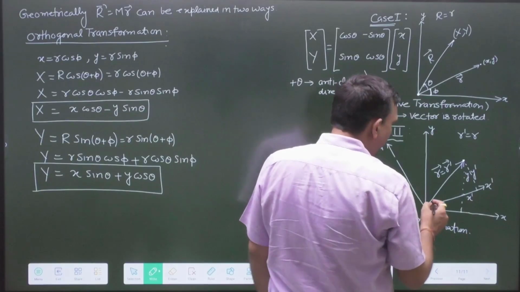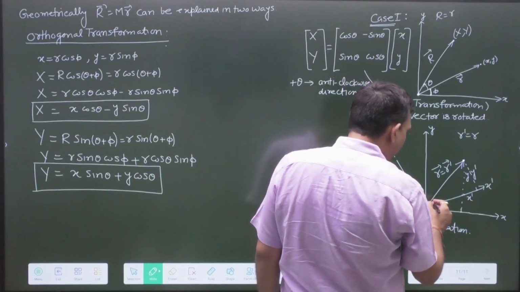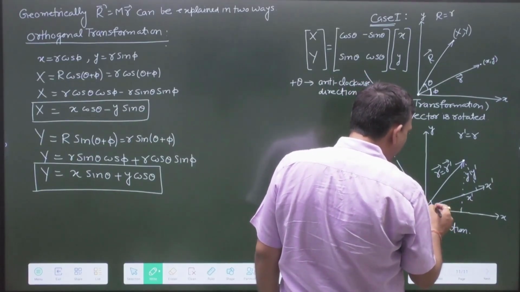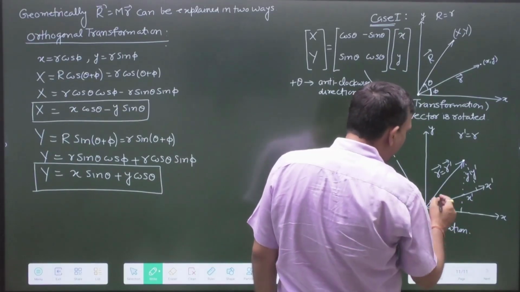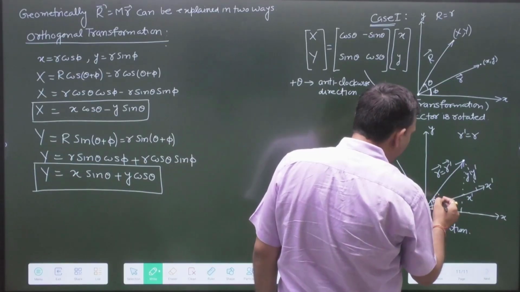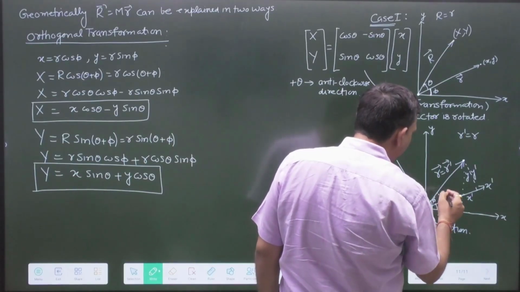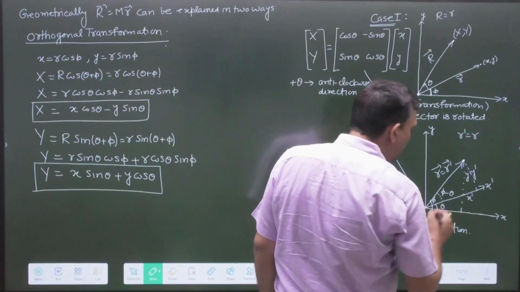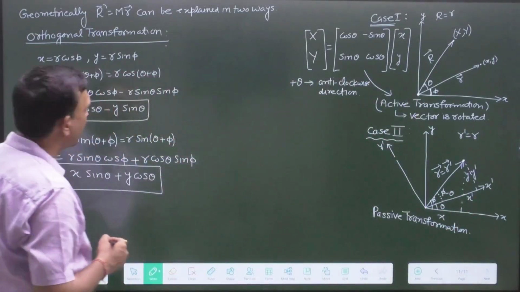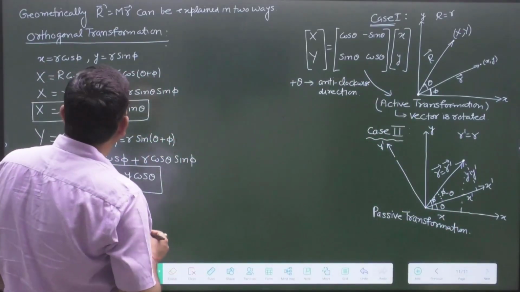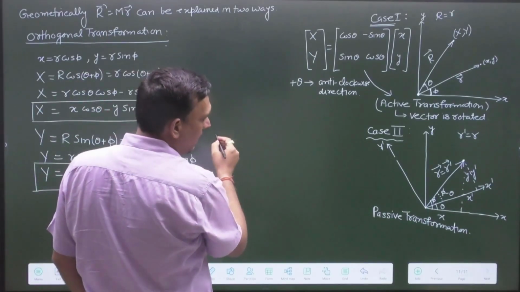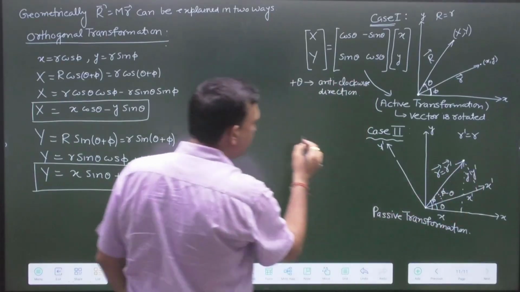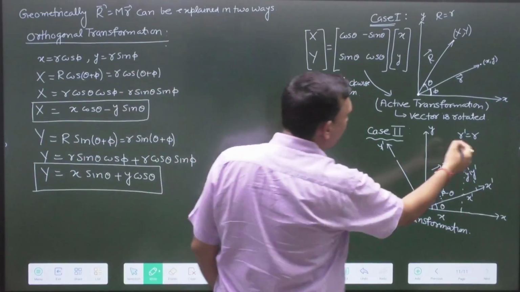Now let's assume this angle to be phi. So what will be this angle? This will be phi minus theta. So again, x and y are the same because r dash is equal to r here.